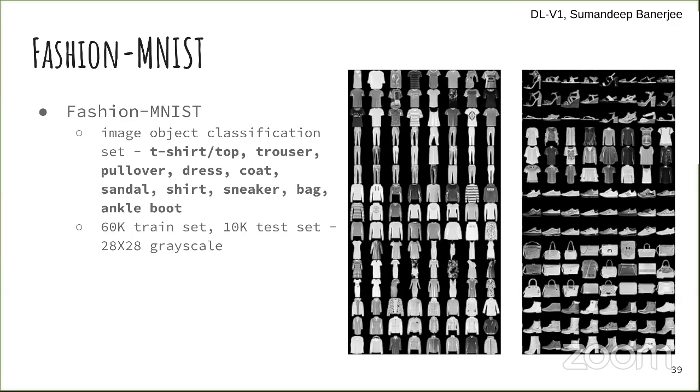It still uses the same size, 28 by 28 grayscale images, to represent 10 different types of clothing items, like t-shirt, trouser, pullover, dress, coat, sandals, shirt, sneaker, bag, ankle boot. It has the same number of images and same resolution, but of course the objects are much more complex.